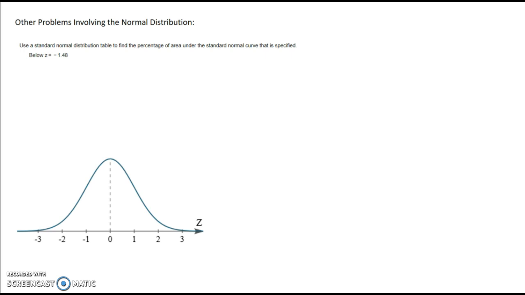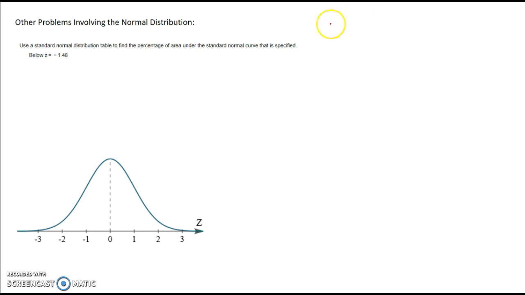So we're going to work with the normal distribution in terms of z-scores. You remember that we can take any raw score and standardize it by creating a z-score, right?